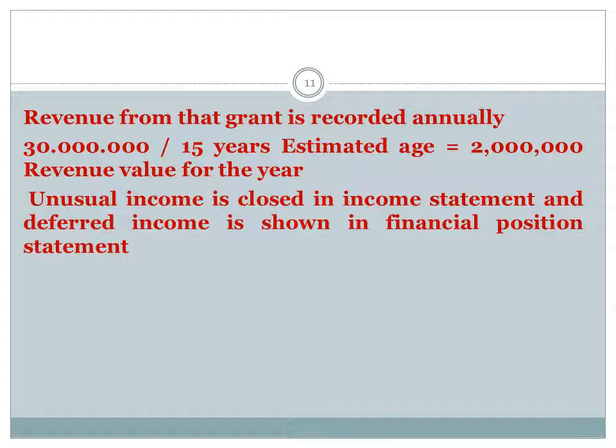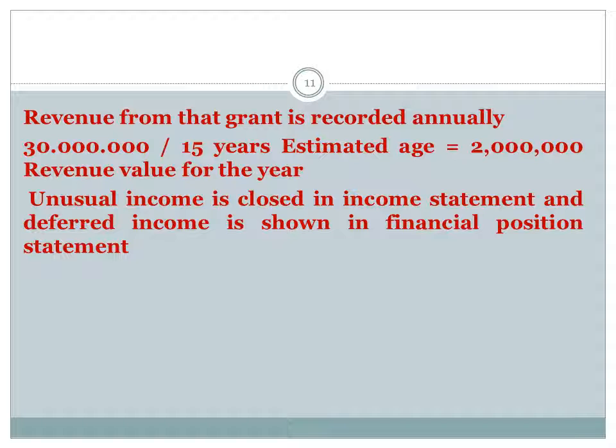Unusual income is closed in the income statement and deferred income is shown in the financial position statement. The amount of revenue from the grant recorded per year equals 2 million.